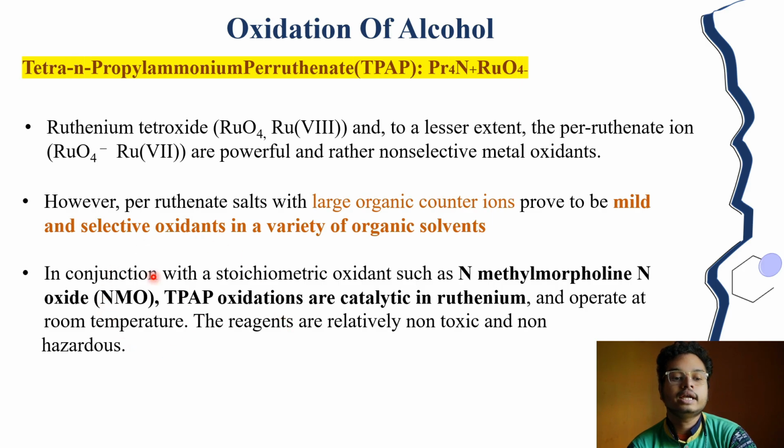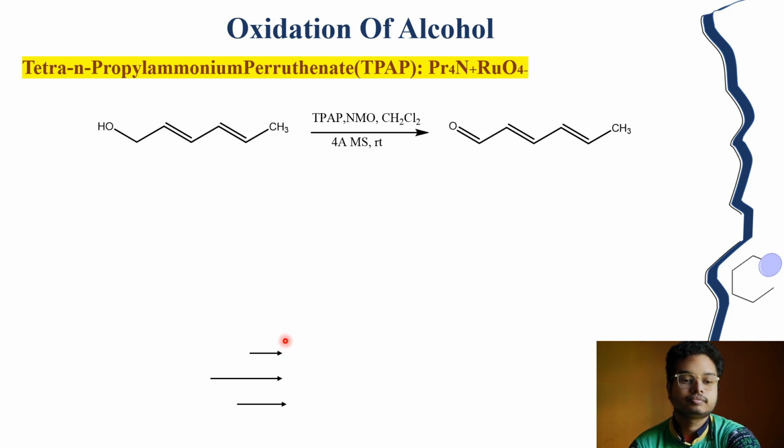Here also NMO is used so that this will be used in a catalytic amount. That signifies that a redox reaction also takes place at the ruthenium part, which we'll discuss in the next slide. These reagents are relatively non-toxic and non-hazardous in nature.